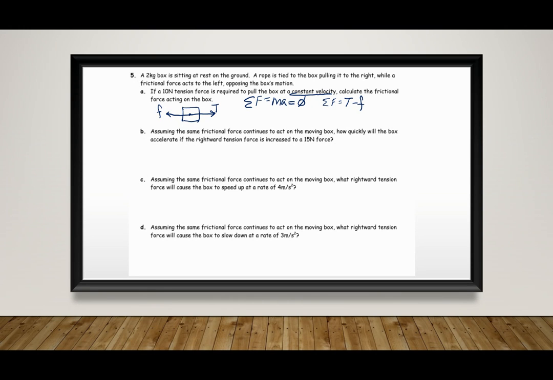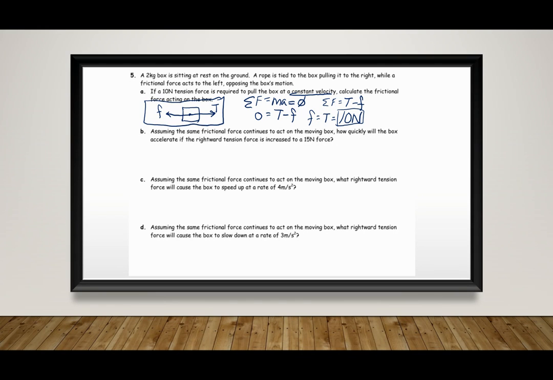So 0 is equal to tension minus frictional force. And if I rearrange that, my frictional force is equal to my tension, which I know is equal to 10 newtons. Okay? Now, same situation, same scenario. So we're going to be using this free body diagram for all of question number 5.